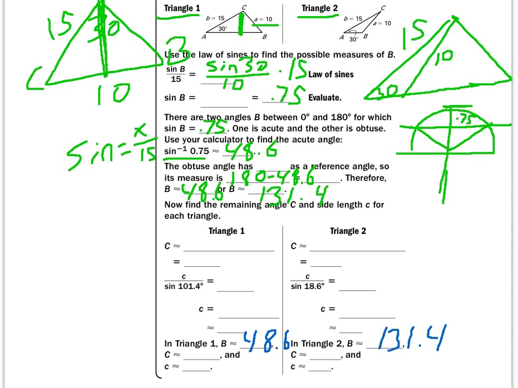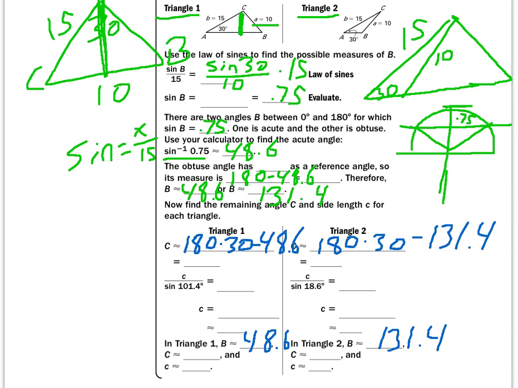Alright. Now, when I go to find C, that's going to leave me two different types of answers. They're both going to be 180 minus 30. One's going to be minus 48.6. The other one's going to be minus 131.4.